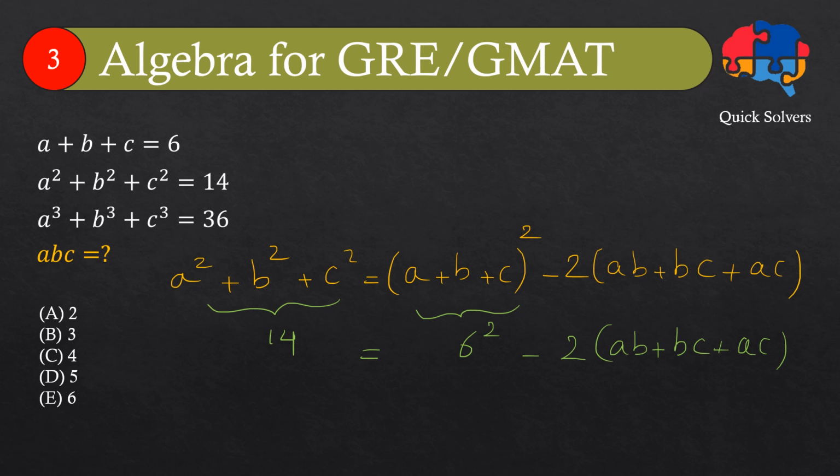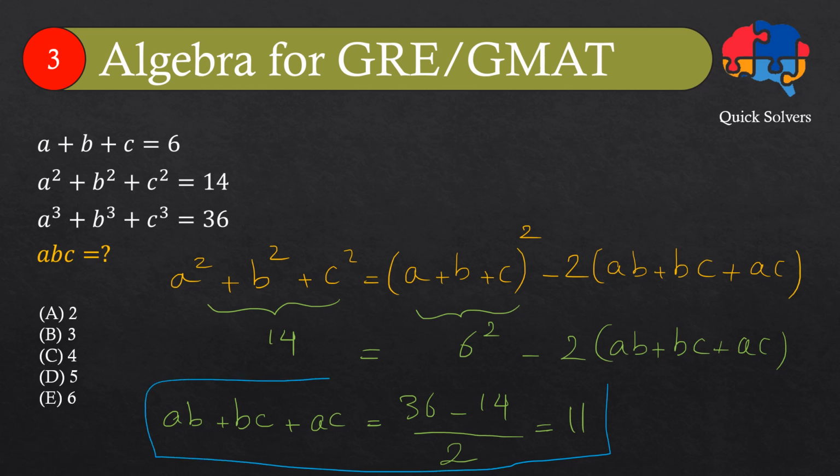If I rearrange this, I get a times b plus b times c plus a times c equals (6 to the power of 2 minus 14) divided by 2, which gives us 11. That means a times b plus b times c plus a times c equals 11. I'll use this later when I apply the identity for sum of cubes.